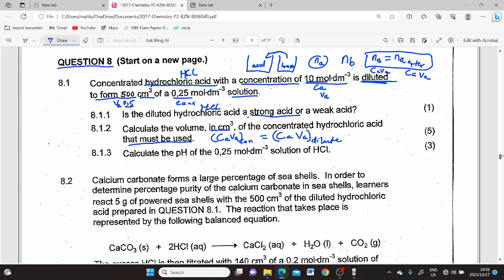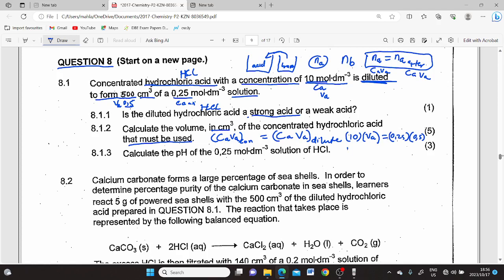The concentration of the concentrated acid, 10, multiplied by the volume of the concentrated acid equals the concentration 0.25 of the dilute acid multiplied by the volume of 0.5 when it is dilute.